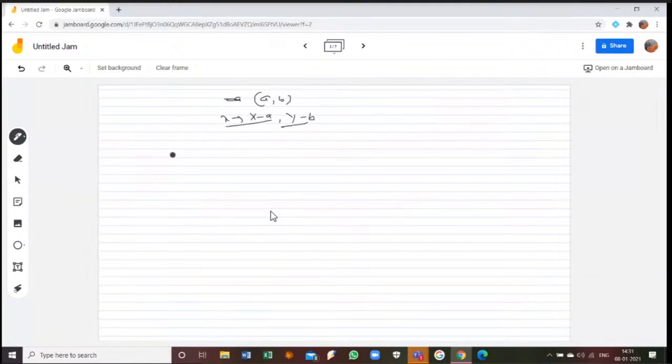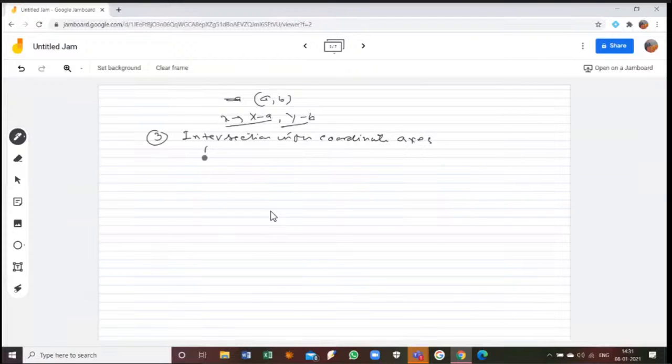Now after getting the tangent at the origin, the third point is the intersection with the coordinate axes.